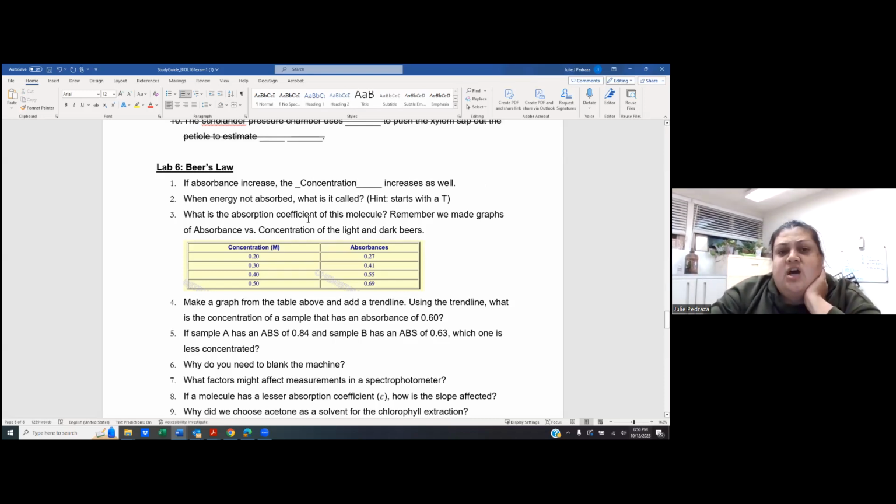Okay, when energy is not absorbed, did I cross this one out? Let me see. Sorry. Yeah, no, that's it. Okay, when energy is not absorbed, what is it called? He says it starts with a T. It's in your lab manual.